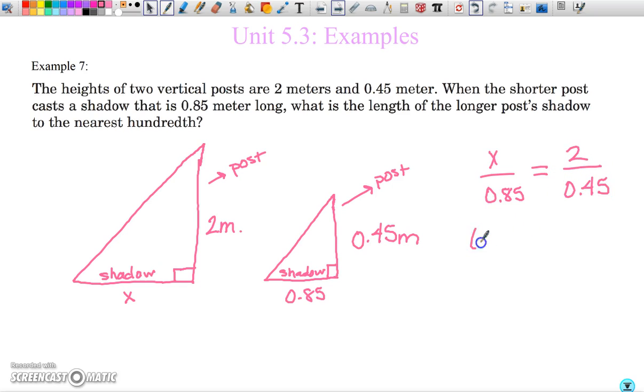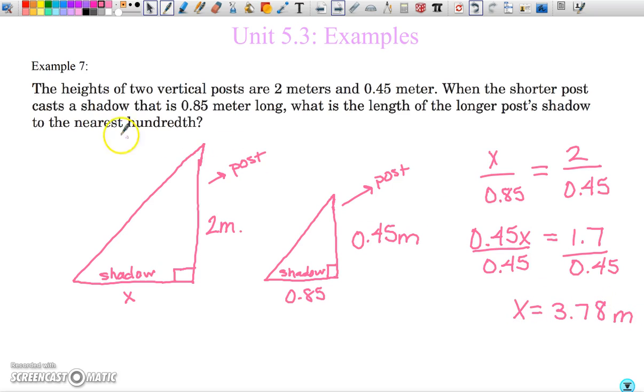Do your cross products, 0.45x equals 1.7. Divide by 0.45 on both sides of your equation, and you end up with x equals 3.78, and you have to round it. I asked you to round to the nearest hundredth, and so that would be the length of the shadow to the nearest hundredth. So there you go.